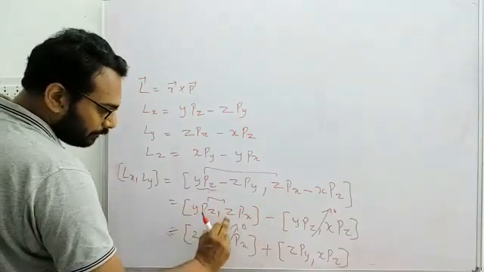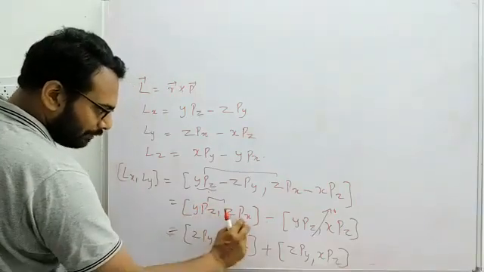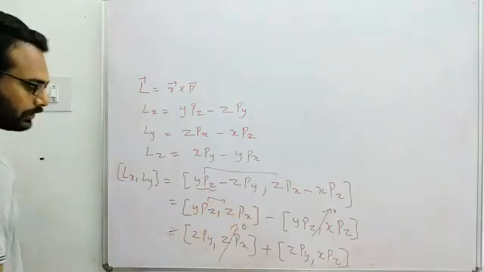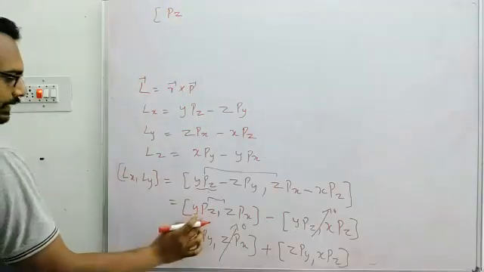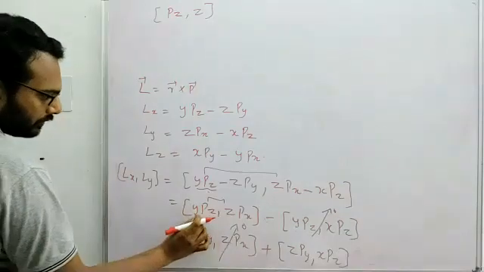Then you have pz with z multiplied by y px, and pz with px is also 0. So the only non-zero term here is pz with z, and you have to multiply it by the rest of it, y px.